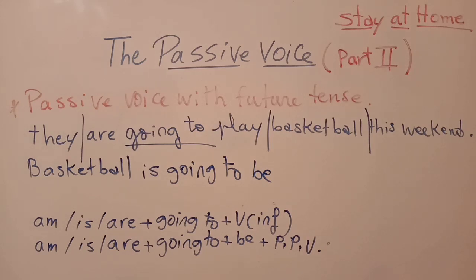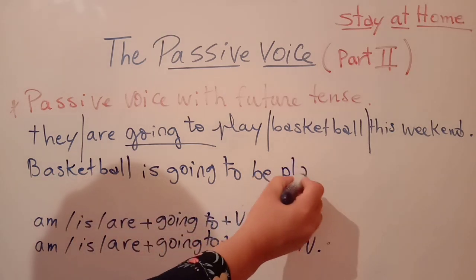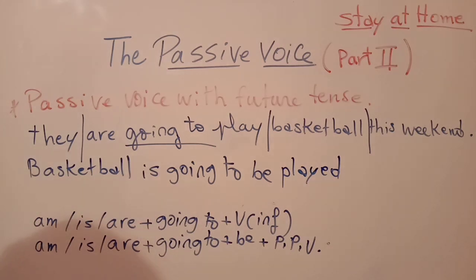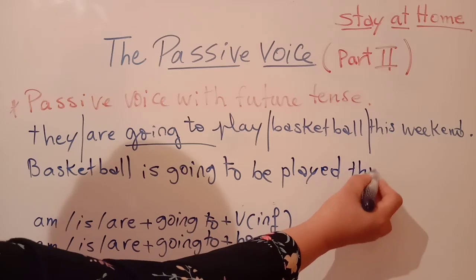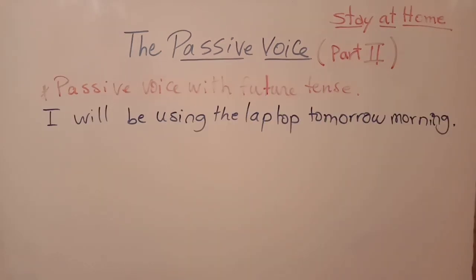So play is regular, so it's verb plus ed. Basketball is going to be played. Okay, so no need to use by them. Basketball is going to be played this weekend. Is it clear? Good.